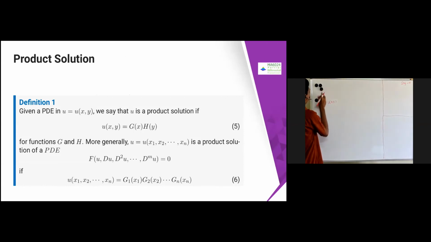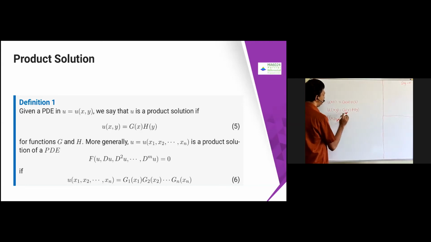So we are going to make the assumption that this can be written as something like g of x times h of t. For example, if it has only two variables, I can write this as g of x times some h of y.